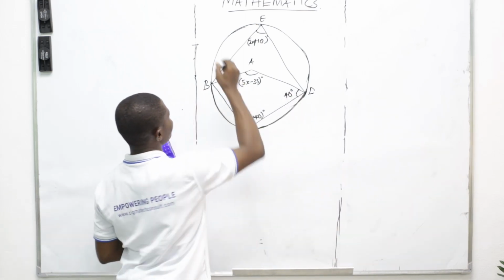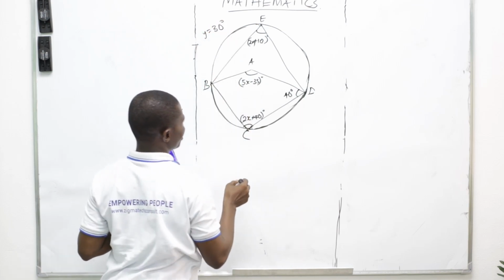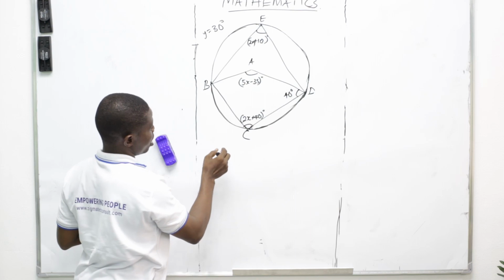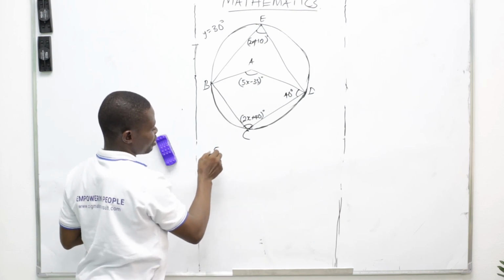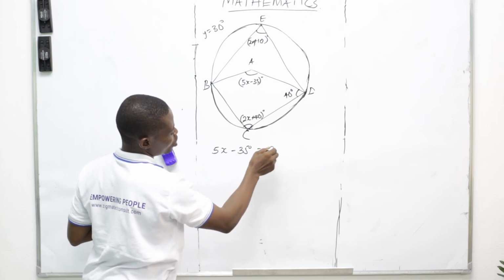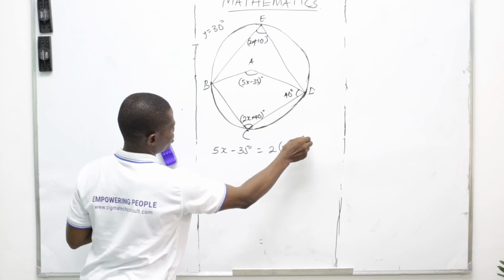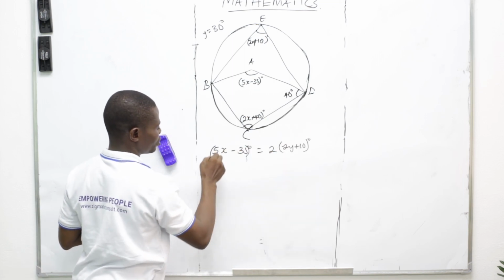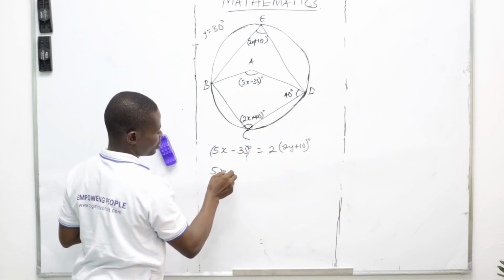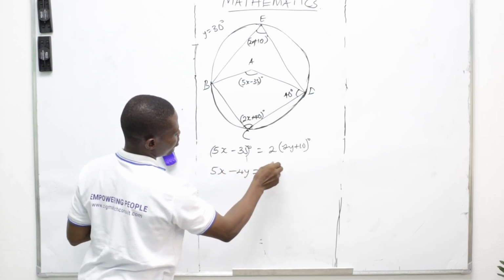y equals 30 degrees, remember. Solving for x, we are aware that 5x minus 35 degrees was equal to who? 2 bracket 2y plus 10 degrees. So 5x minus 4y equals 55 degrees.